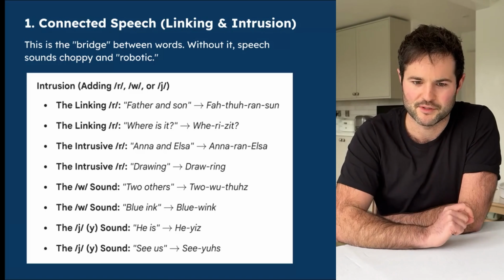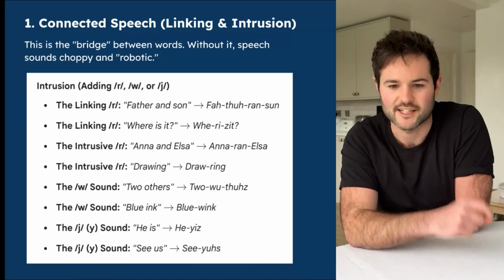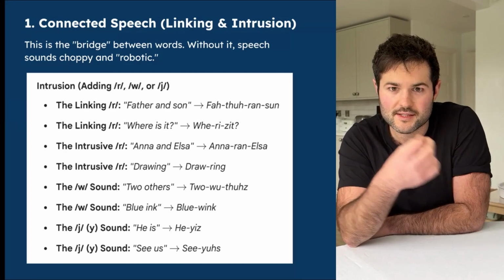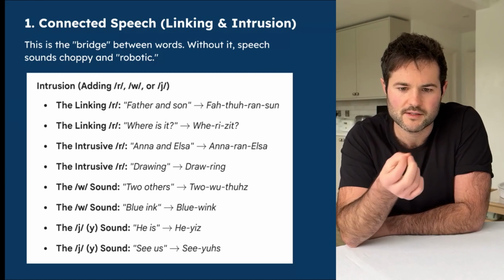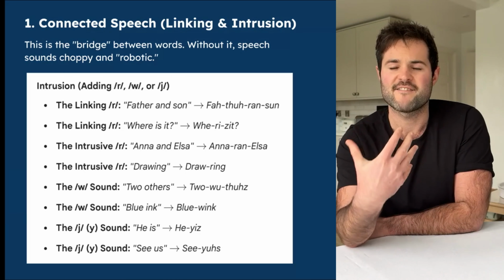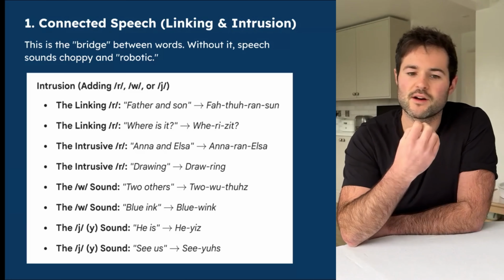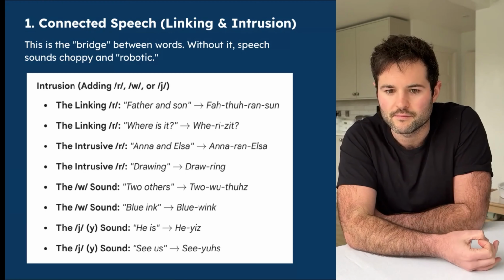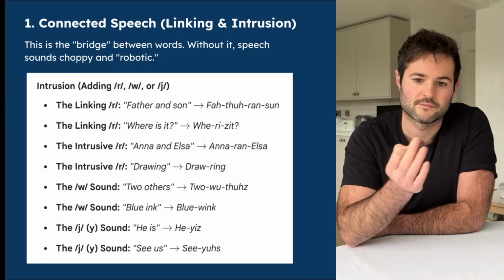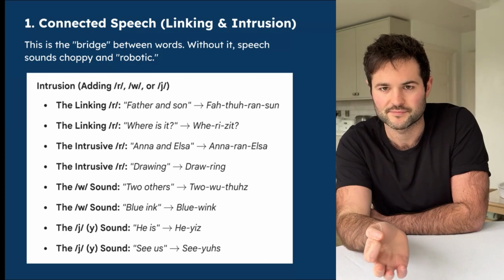And a couple more examples. We have Anna and Elsa. So here, this is definitely intrusive because there is no R, but we're adding the R. Just like we did with father and son, which is more of a linking R. This one is more of an intrusive R, which becomes Anna-r-and Elsa.